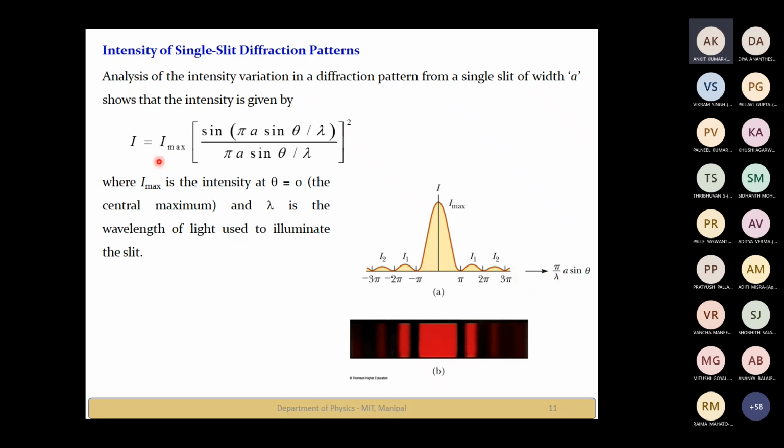So you have the expression for intensity in a single slit as I is equal to I max times sine of pi a sin theta by lambda divided by pi a sin theta by lambda, where the maximum intensity is at theta equal to 0. That is the central maximum, and lambda is the wavelength of light which is illuminating the slit.